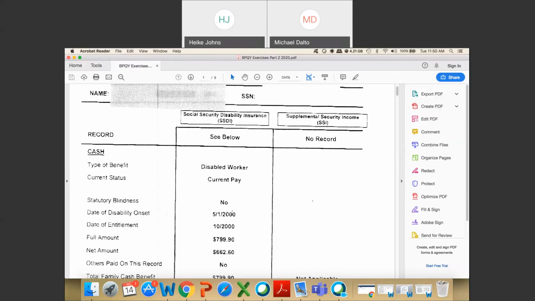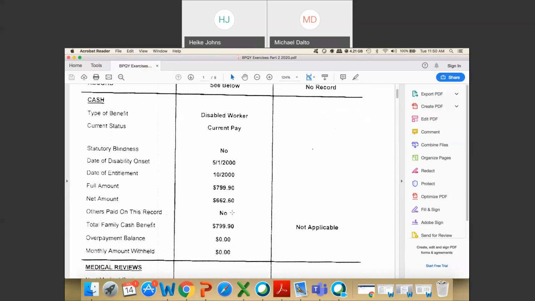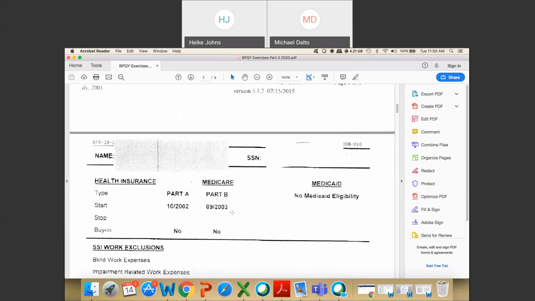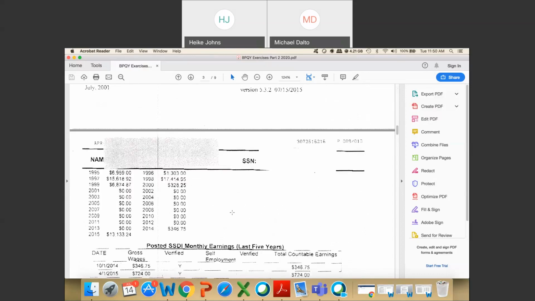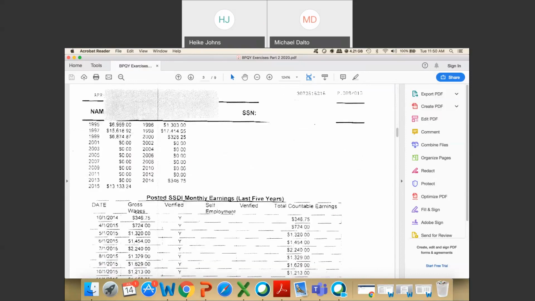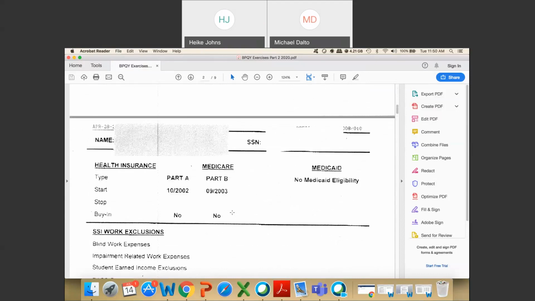Are any earnings listed after the date of disability onset for any benefit you recorded in step 2? Now, let's see. Do you have any earnings after May of 2000? We certainly do. We've got IRS recorded earnings after 2000. We've got posted SSDI monthly earnings after 2000 as well.